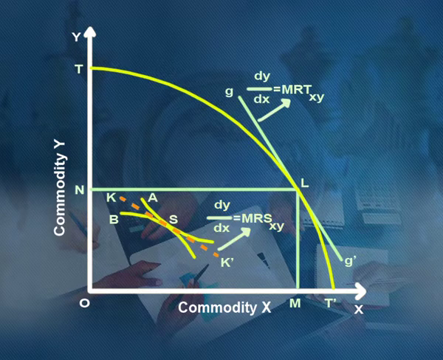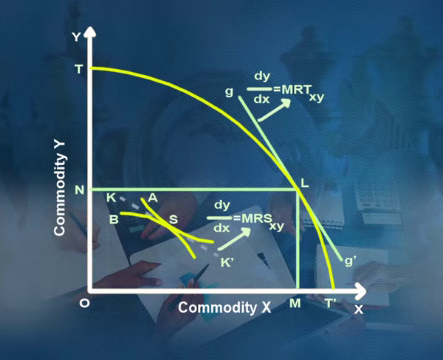This figure shows that the MRSXY of consumers at point S is less than MRTXY of producers at point L, indicating that the production pattern is inconsistent with the consumer preferences. Thus, the system is in disequilibrium because the firms produce relatively greater quantity of X and a smaller quantity of Y is being produced than demanded by the consumers.